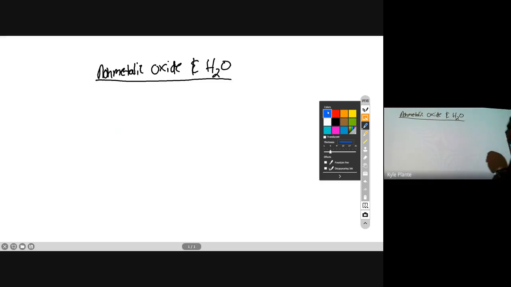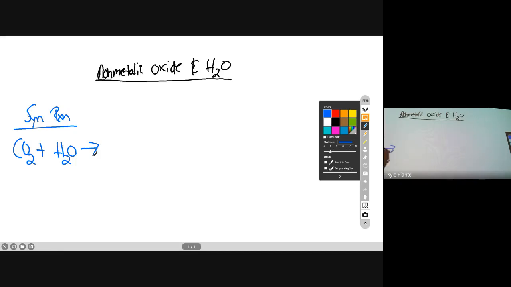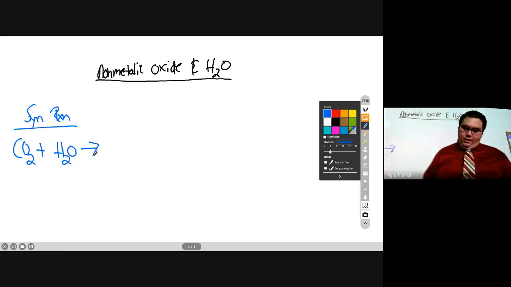So if we look at the synthesis reaction, let's use good old carbon dioxide. We'll take CO2 and we'll react it with water. When we react CO2 with water, we form what's called an oxyacid.